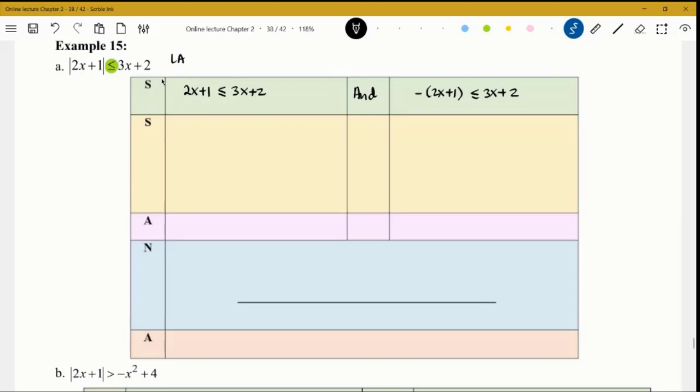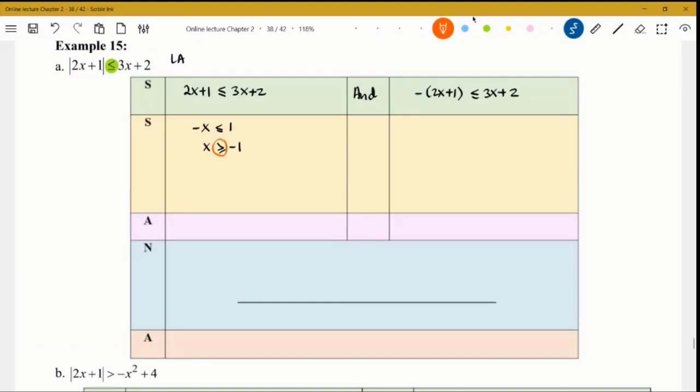Okay, baru kita akan simplify dengan solve dua cases. So I bring the x to the left hand side. So we can have negative x less than equal positive 1. So x is greater than equal negative 1. Kenapa dia bertukar sign? Why this sign change?